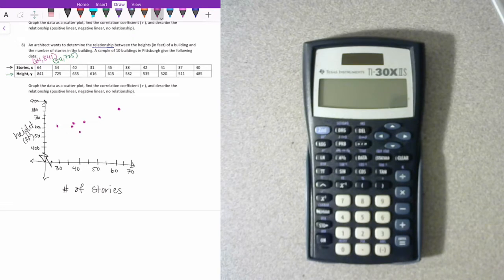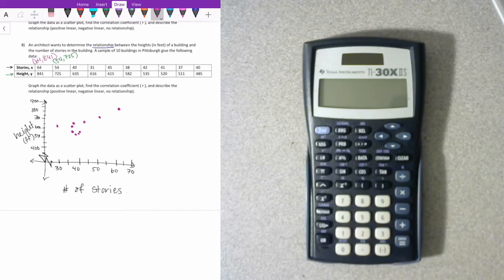About there, maybe. 41 to 520. That's pretty close. 37 to 511. That about there. And 40 to 485. About right there. They are kind of clumped together in that region.